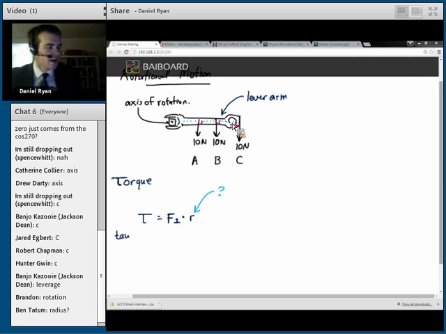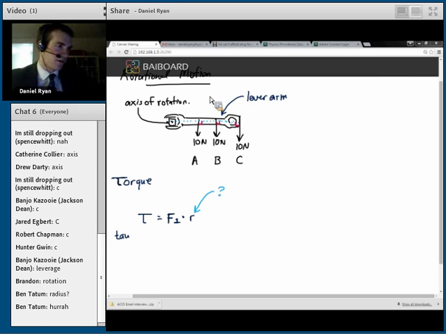Not a bad idea, the distance from rotation. That's not a bad guess, Brandon. But I think it's radius. I like radius. The idea is the distance from the edge of a circle to the center of the circle, of course. And since this is going to be moving in a circle, radius works well.